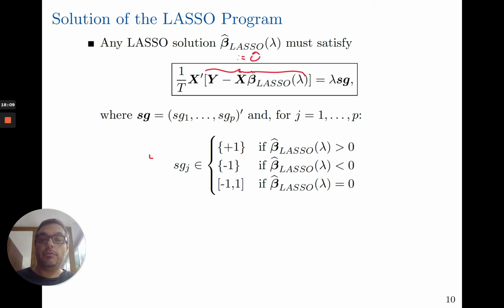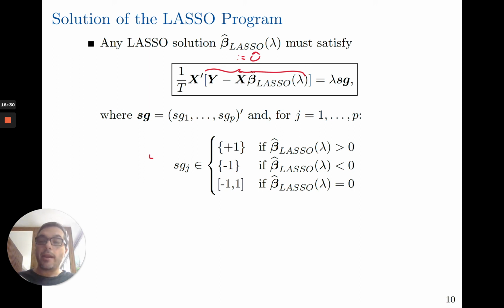It will be equal to -1 whenever the lasso estimator is strictly negative, and it will belong to the closed interval [-1, 1] whenever beta hat lasso equals 0.